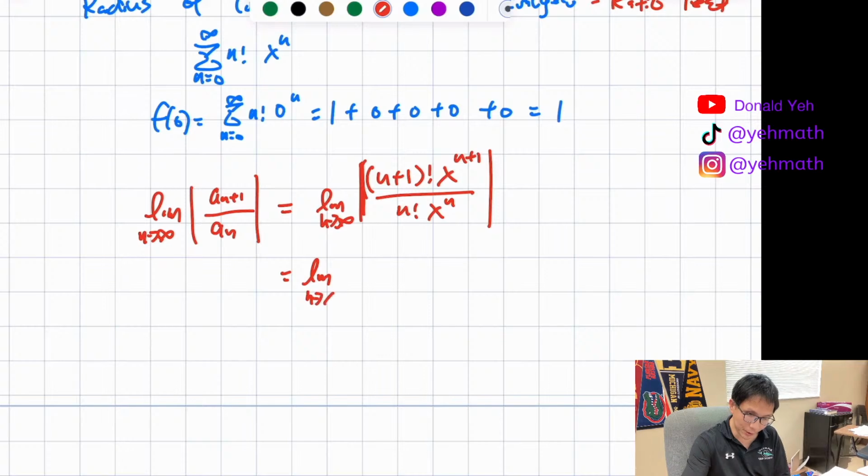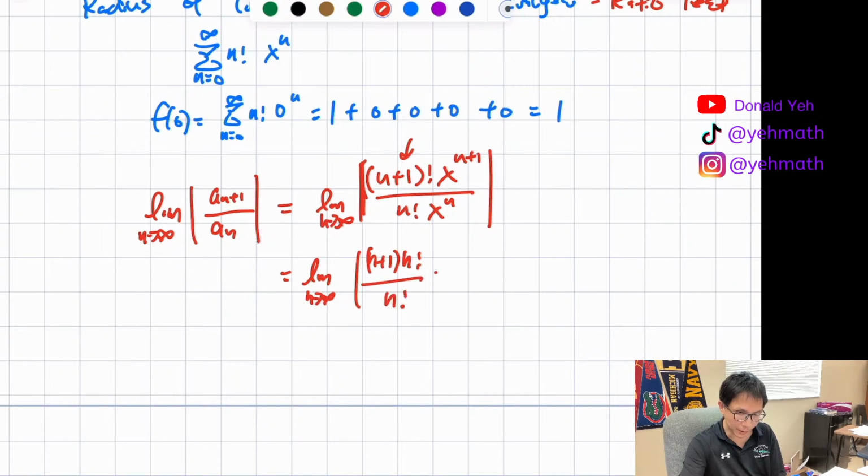Limit as n approaches infinity. Here we can simplify this. How do I simplify (n+1) factorial over n factorial? Can I rewrite it as n plus 1 times n factorial? Good job. And this is x to the n times x over x to the n. So this cancels out nicely.